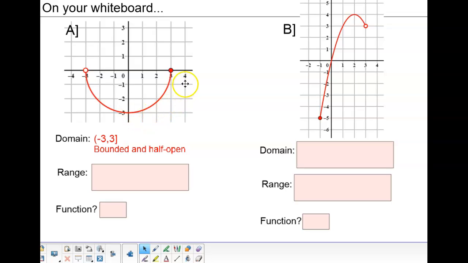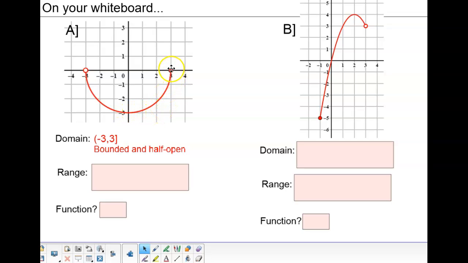When we get to the higher value for the y, we see that it maxes out here at 0. On this side, on the left, it's open. On the right, it's closed. And students often get confused about what to do when it looks like that value is both open and closed. But when we're talking about the range, we're asking ourselves, what values could y possibly have?